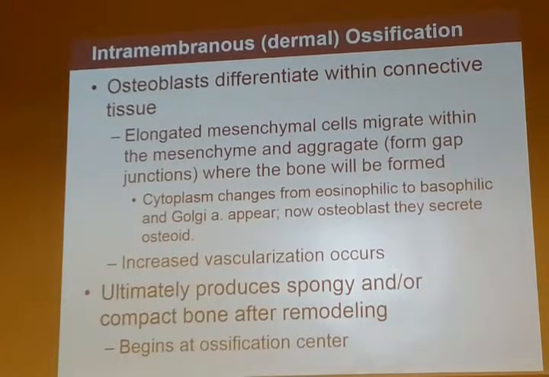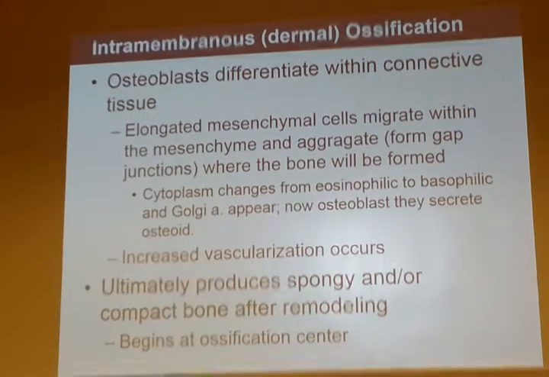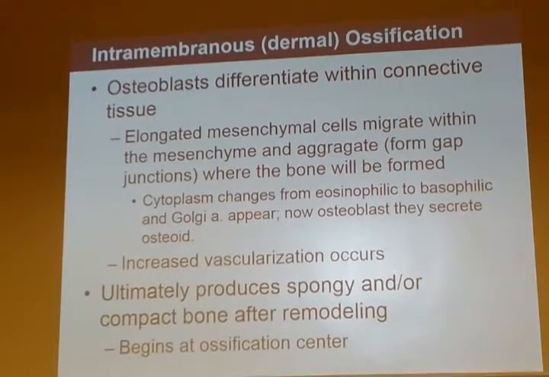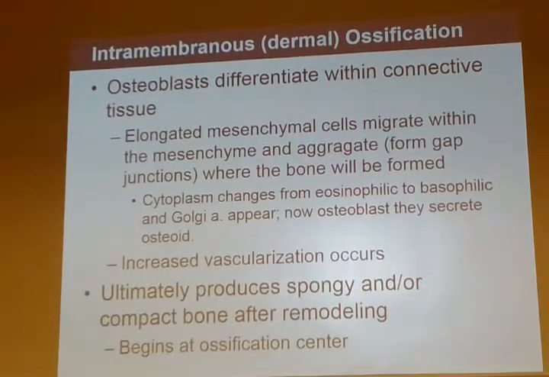But when they start to secrete more and more osteoid and then also calcify it, they have to have a very sophisticated endoplasmic reticulum, a sophisticated Golgi apparatus, and a lot of ER and Golgi. And so those organelles will pick up more basophilic dye, and the cell will now be bluer. So immature osteoblasts will be eosinophilic, but once they're secreting at a high rate, then they'll become more basophilic.